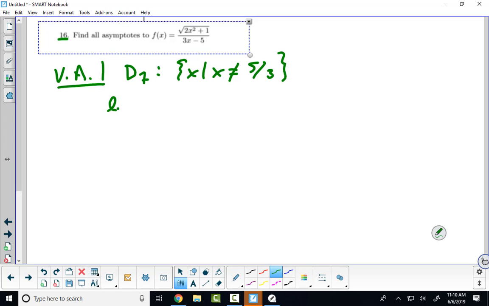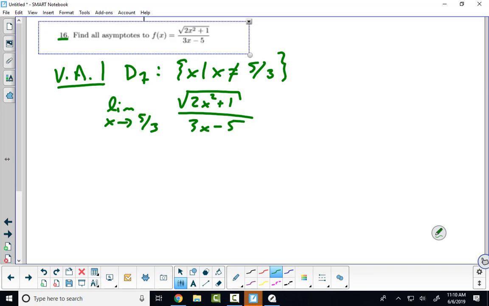So let's look at the limit as x approaches 5/3 of the square root of 2x squared plus 1 all over 3x minus 5. So we're exploring the problem in the domain to look for vertical asymptotes. This is a 2.4 question, right, folks?